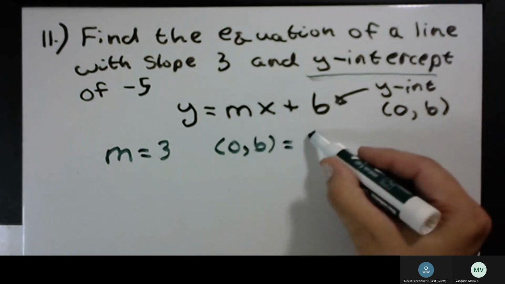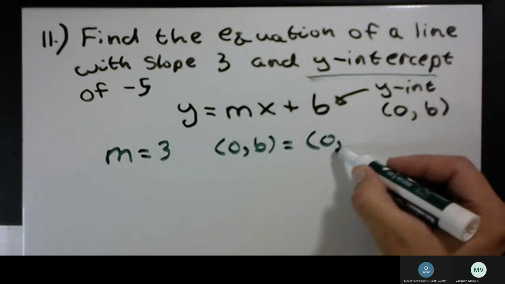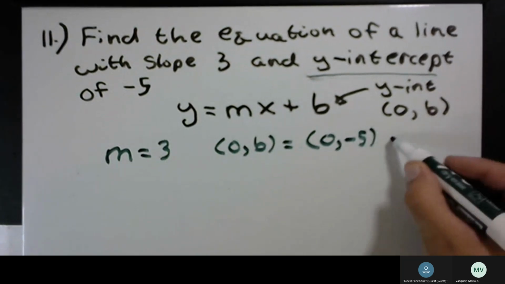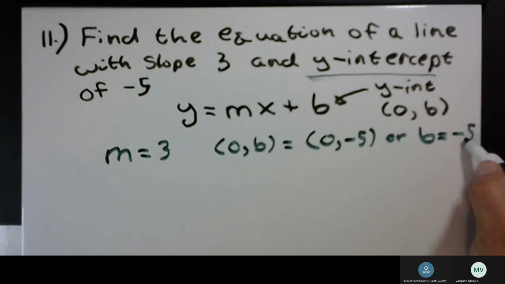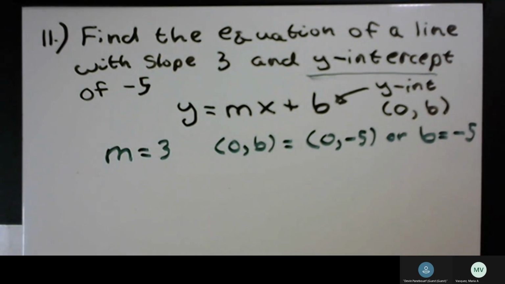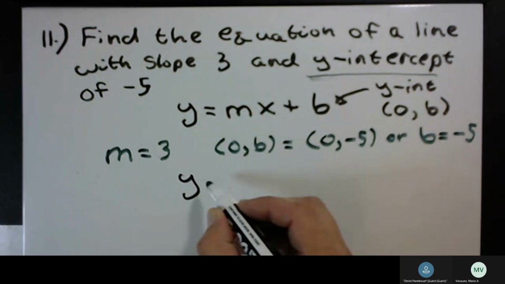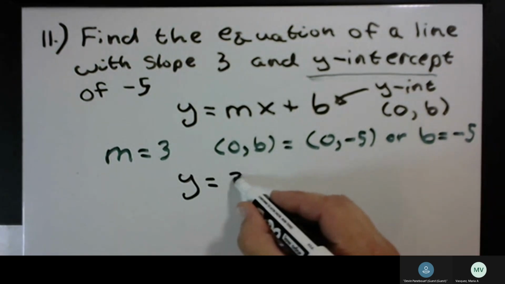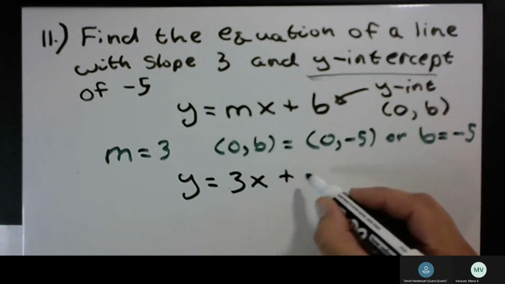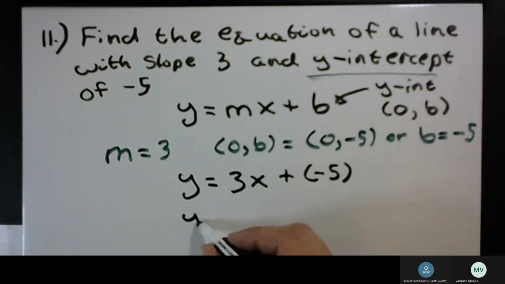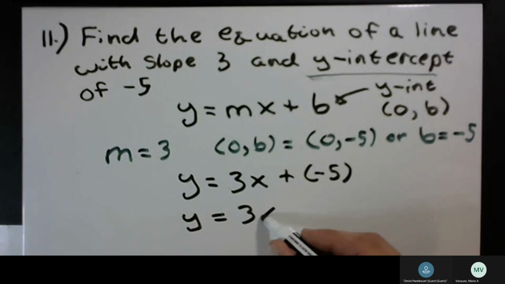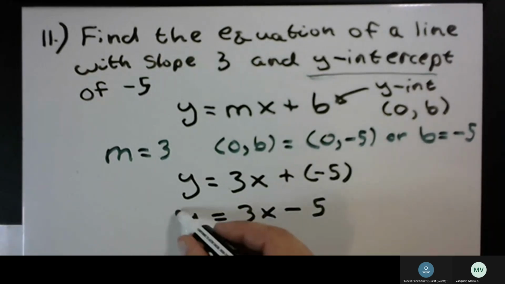So that means 0, comma b is 0, -5, or b will be -5. So this means y equals mx plus b will be 3x plus -5, or 3x minus 5.